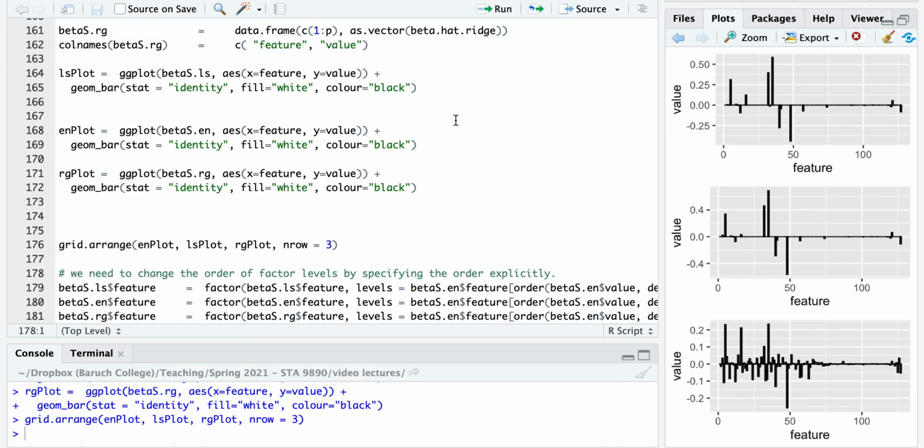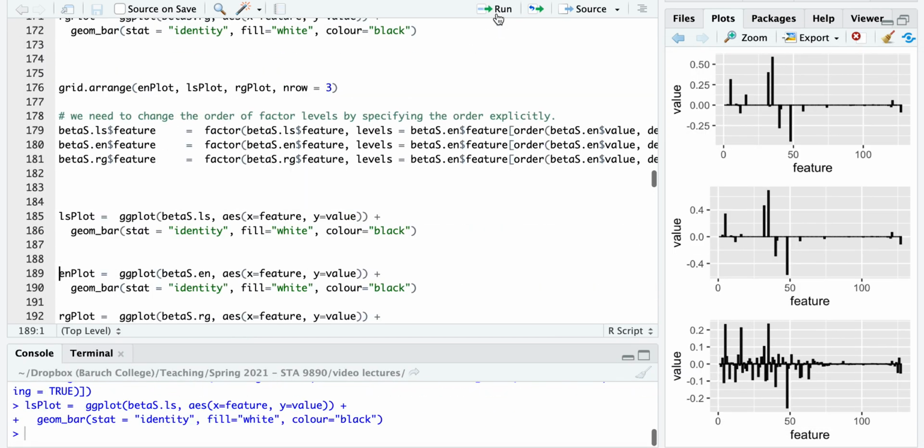Okay. And then here we reordered everything.